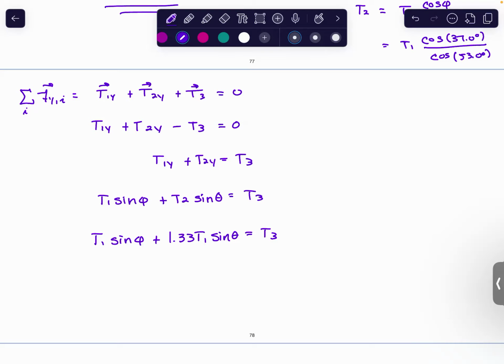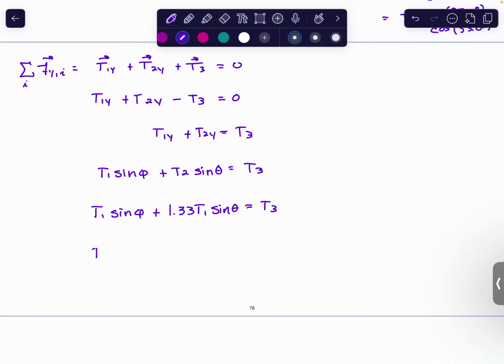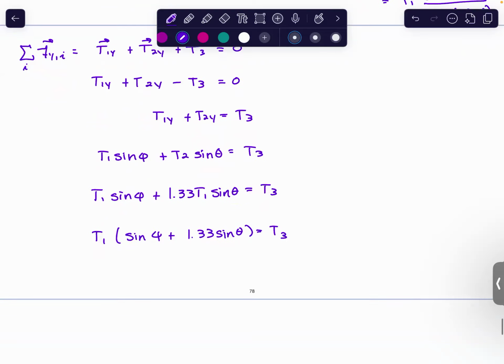So I'm just gonna factor that out. And when I solve for T1, that's what I get. And everything on that right-hand side now, I have numbers for.